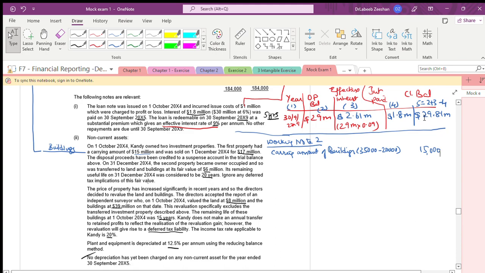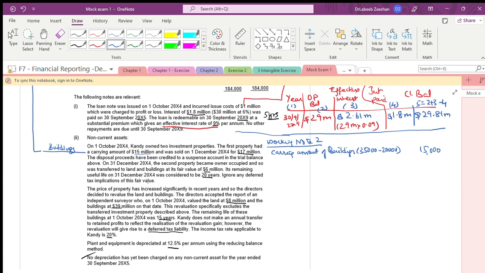The second property became owner-occupied, and so transferred to land and buildings at 6 million. We'll take it into consideration.